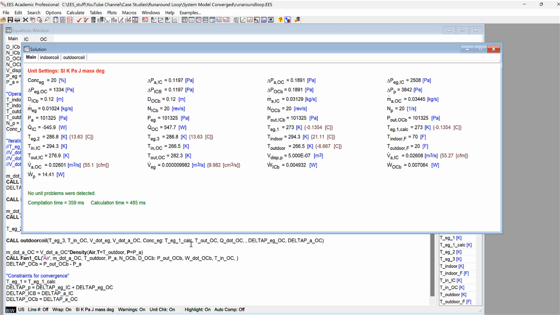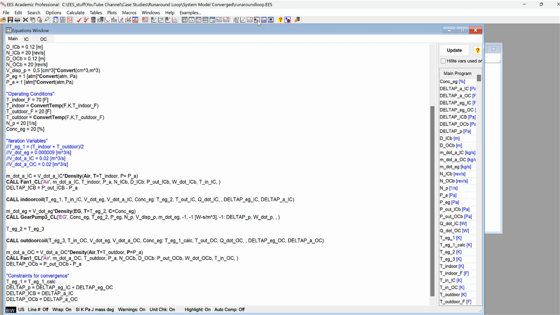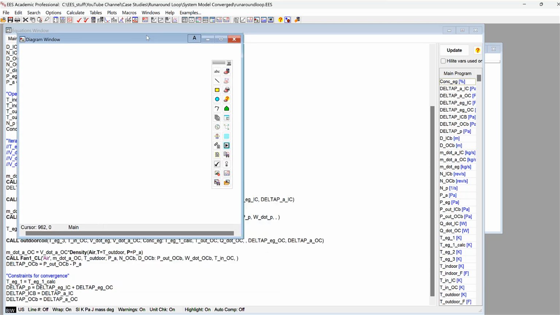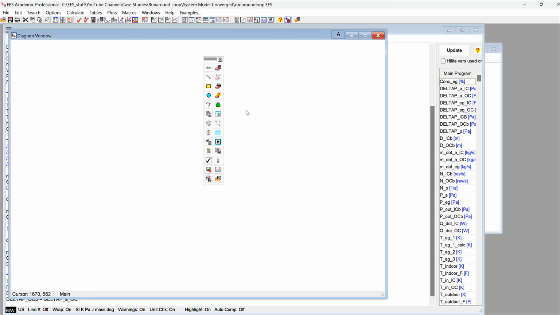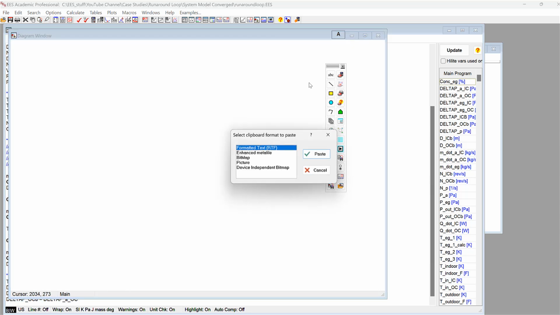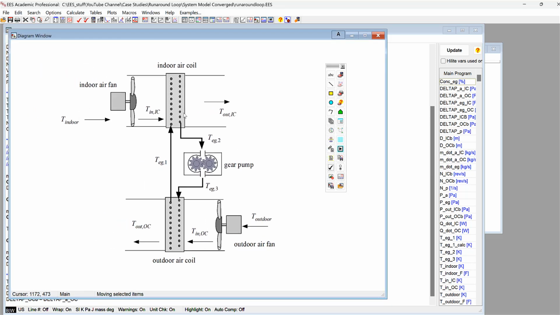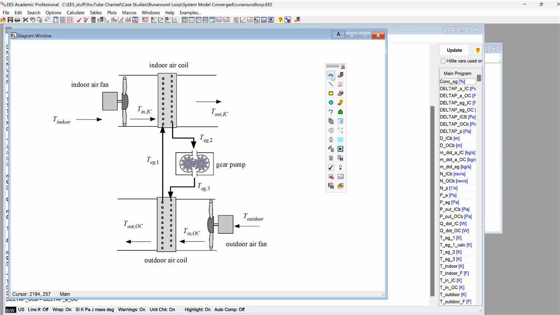If I want to look at these results maybe in a little bit more clear way, I could probably put this stuff on a diagram window. So here I'm just going to grab that schematic. I'll go to the diagram window. Let's make it a little bigger here, and I'll just paste that schematic right in here as, let's do it as a meta file. So this makes a nice place to put things, right?